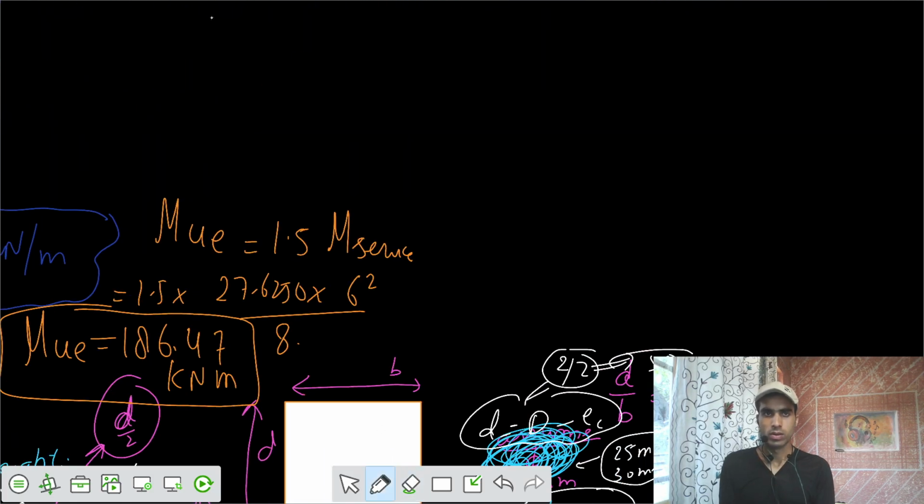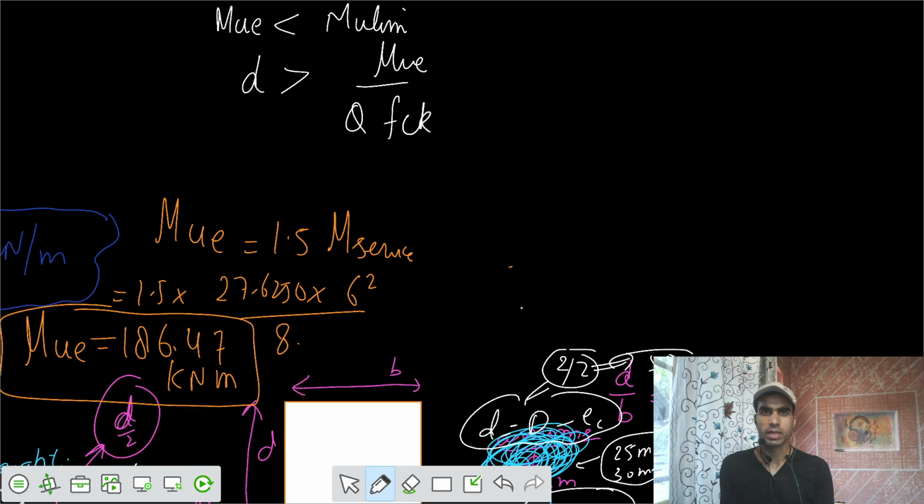So let's go for the design state. So I would say moments because of external loads should be lesser than your limiting moment of resistance. So I would say d required should be greater than Mu by Q fck b d square. Okay, so finally, this is the equation. You already know that.